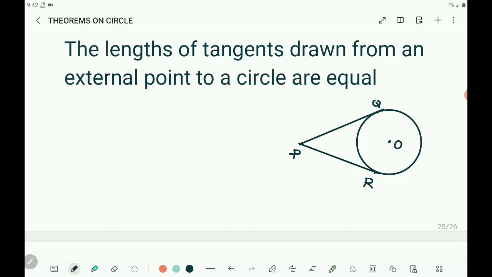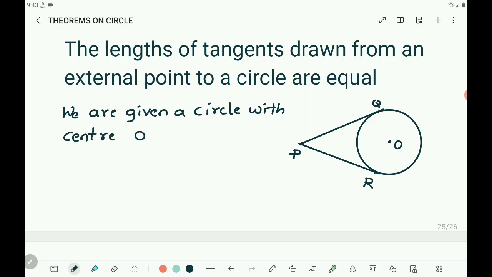Here what you have to prove? We have to prove that the tangents are equal. PQ equals PR. That you have to prove. So note down what is given here. We are given a circle with center O. P is a point lying outside the circle.